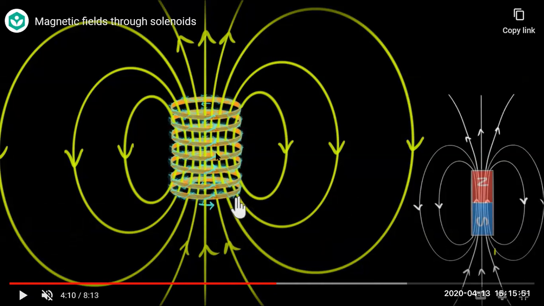A solenoid means a tube, a pipe, a wound pipe with the help of copper wire. And remember, it has to be insulated copper wire. Is that clear, children?